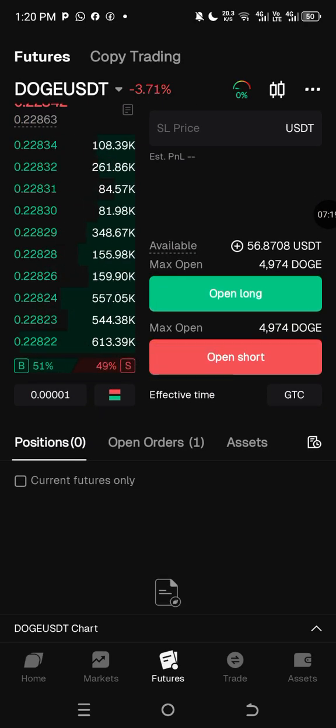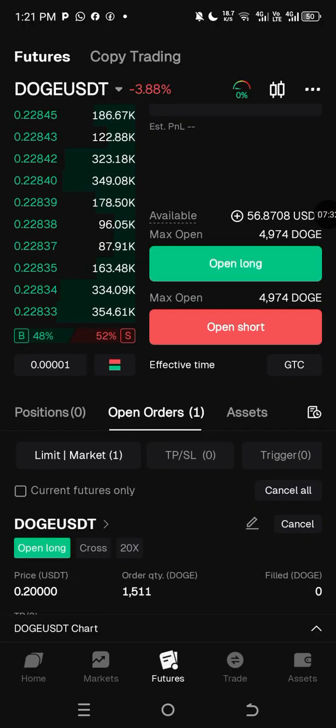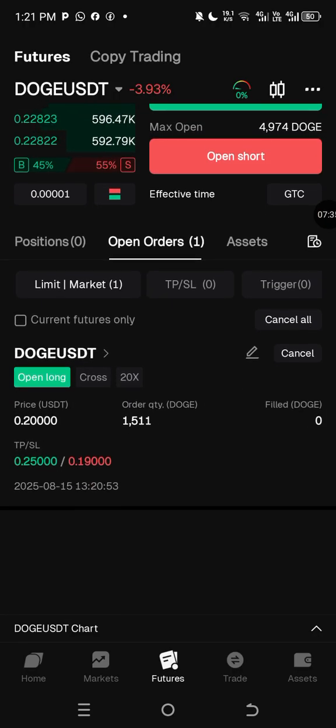Now remember, when we entered market, everything was showing here on position. You saw the trade happen, right? But now, since it's on limit, the trade has not started because price has not initiated us into the trade by hitting our limit price. But you can see it here. This is the open order. It will show here as open order. It won't show as position. It will show as open order, meaning I've just initiated an order that has not been filled.